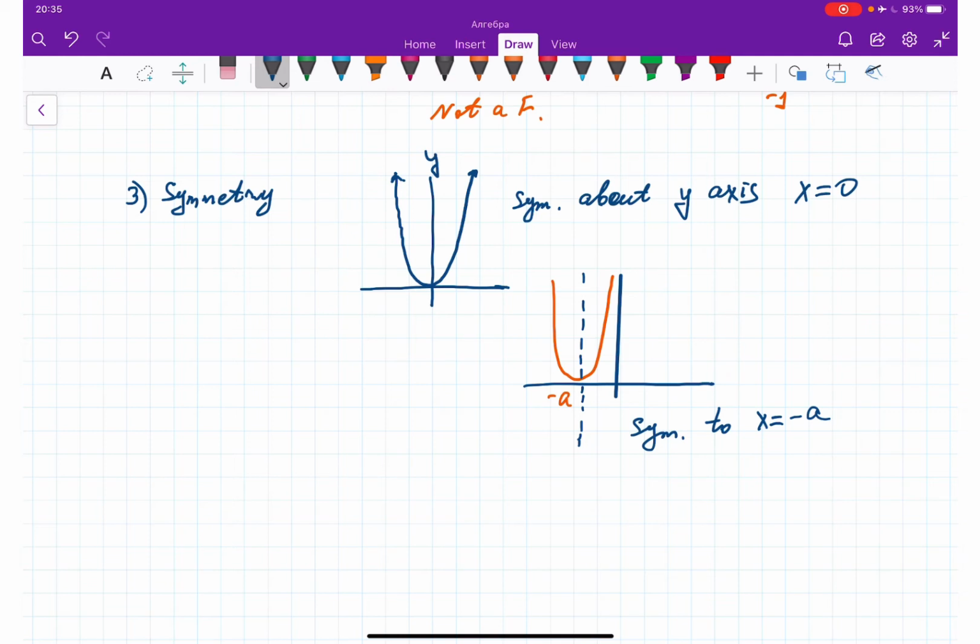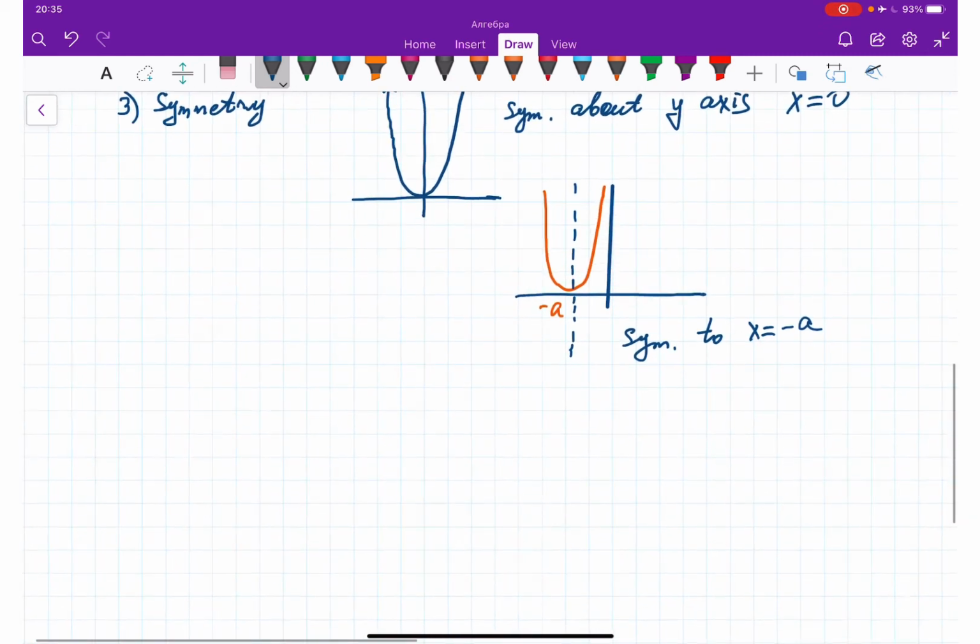All right? Next, I would like to talk about whether the function is odd or even. Odd, even, neither. The rule for the even function is f of -x equals f of x. I'm sorry, I mixed that up: that's the rule for the even function.